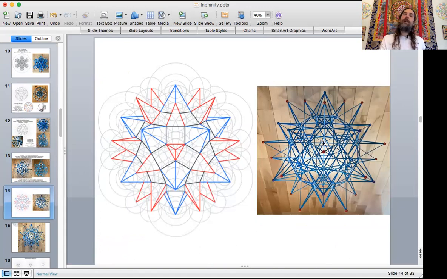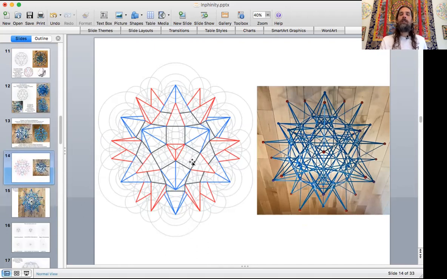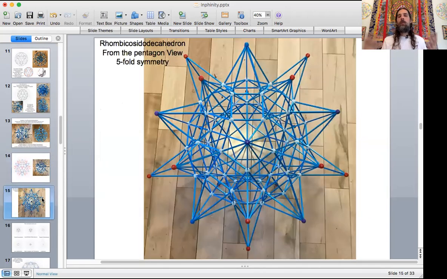But anyway, these points right here connect to the vertices that you see in the drawing. In fact, here is the horizontal line. If you follow this horizontal line, you'll see that it's making this star point. And that's just the magic and beauty. This is why I love transferring these 3D models to the 2D drawings, because they work together very well and they help me see things that I wouldn't see otherwise.